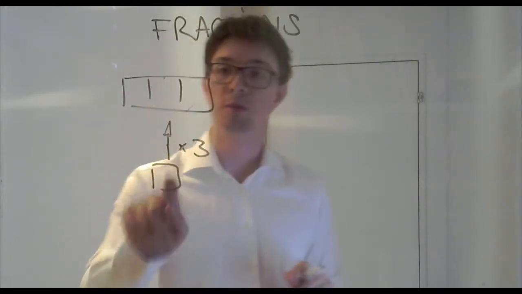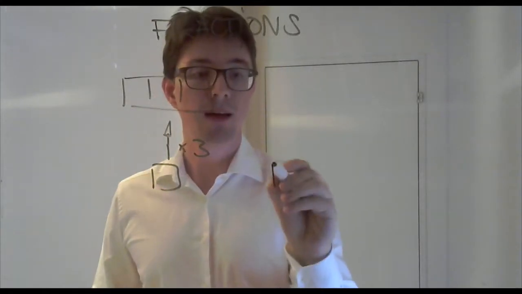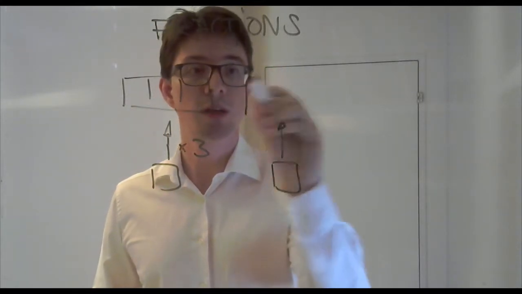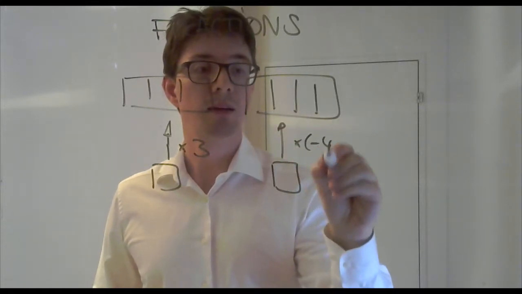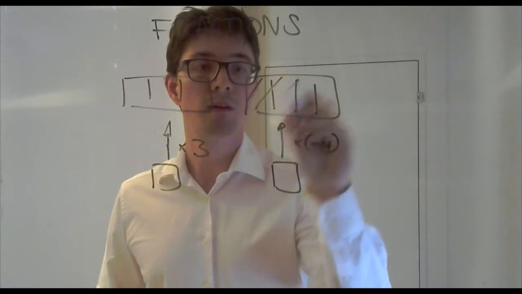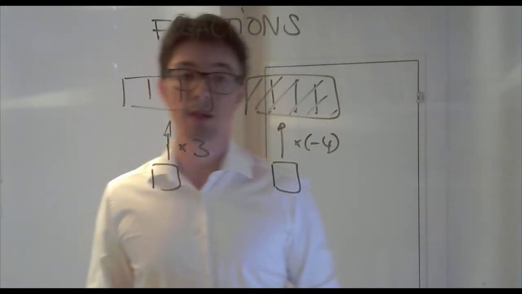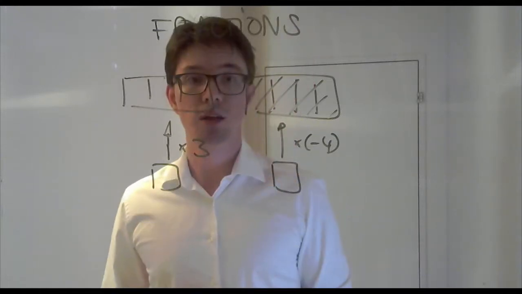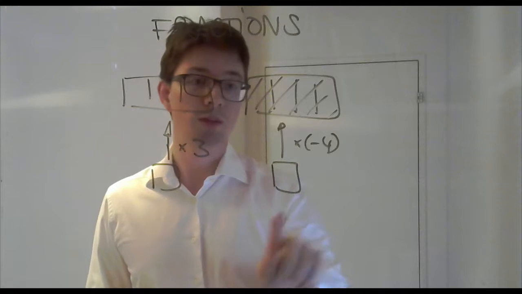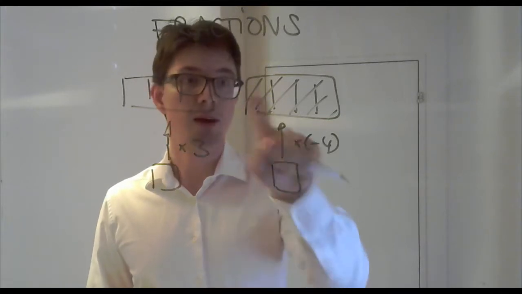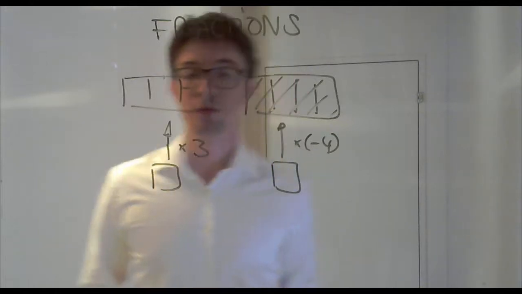Okay, let's start with the simplest case of adding such machines. Let's go back to a multiplying machine times 3, and then let's say we have a different machine here that multiplies by -4. And we ask, what is the sum? Well, the sum is most naturally the idea of we put something in here, get 3 copies, we put the same thing in here, get -4 copies, and we actually want both together.